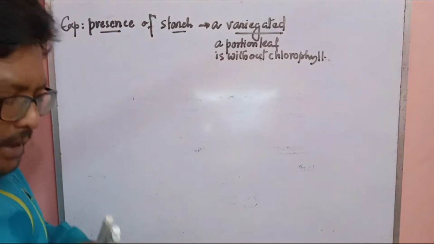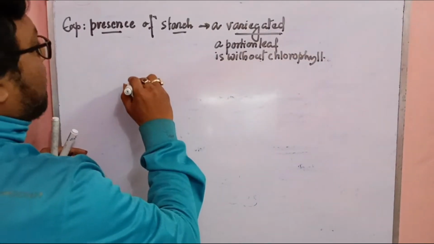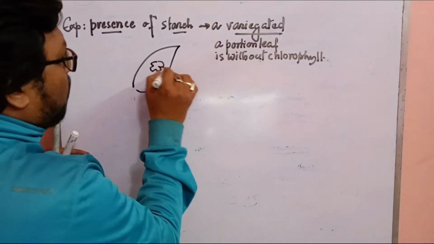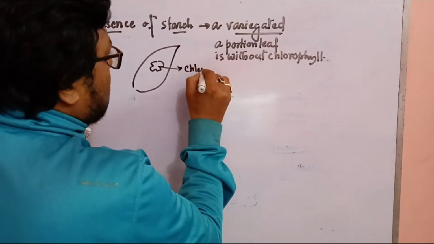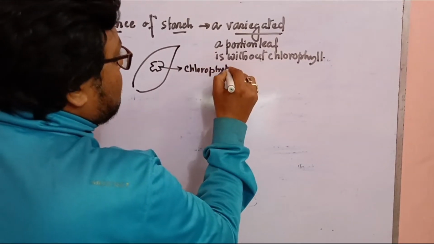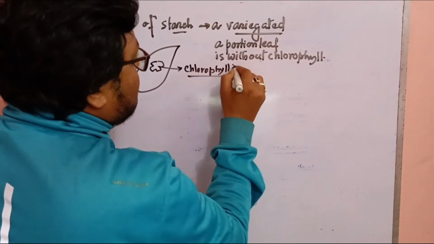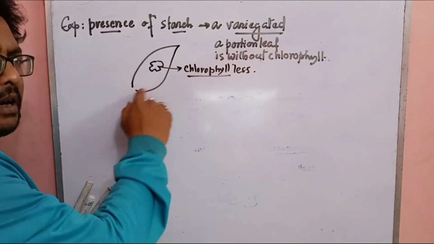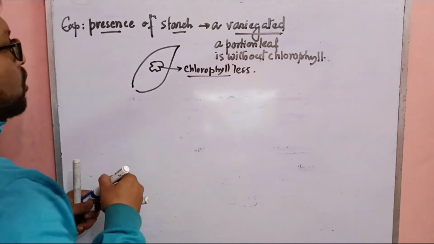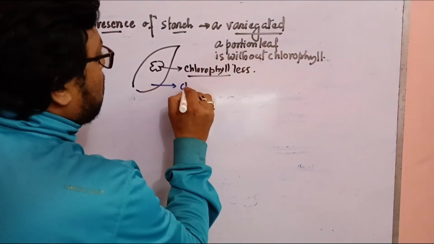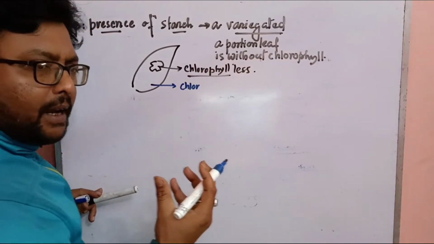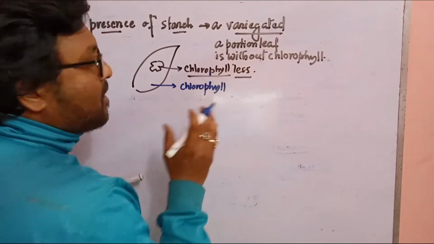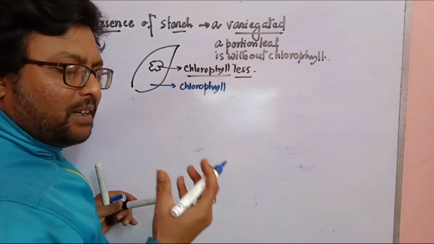For example, let me explain separately. Suppose there is a leaf like this, and some parts of it, let it be chlorophyll-less. So this kind of leaf is known as a variegated leaf. The other portions that we can see have chlorophyll. So some parts are chlorophyll-less and some parts have chlorophyll present.